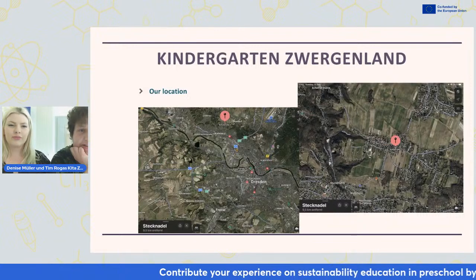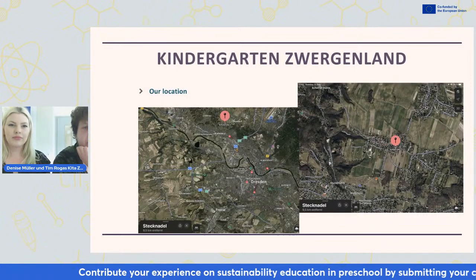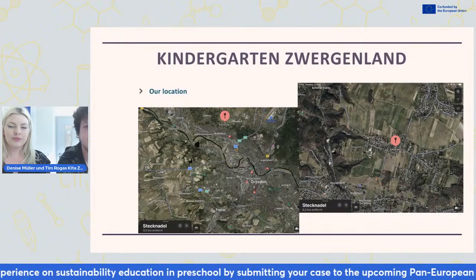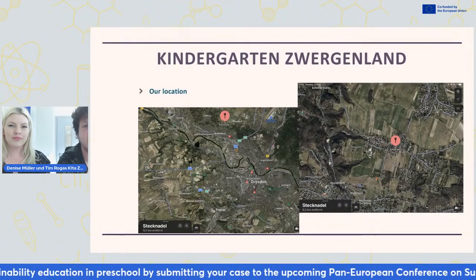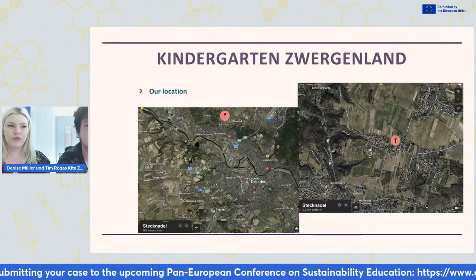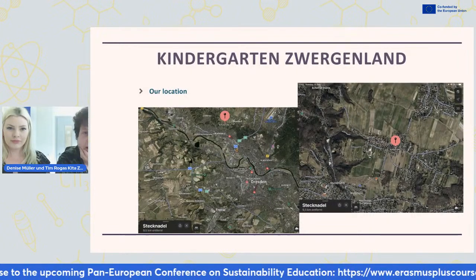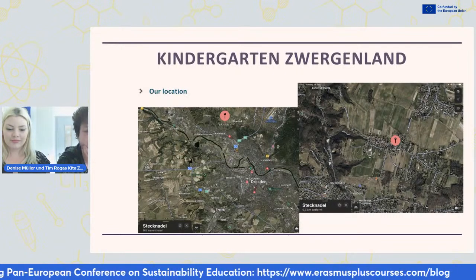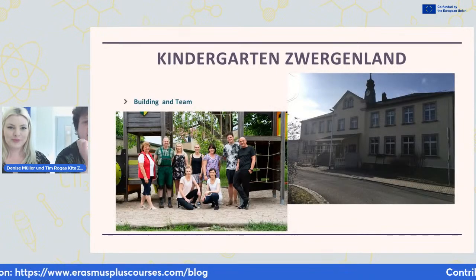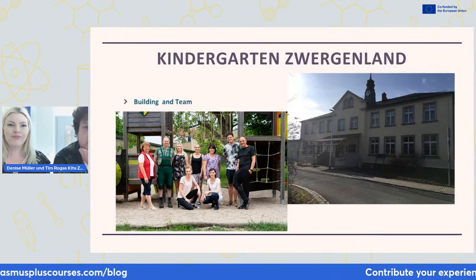Here you can see our location. We are in the north of Dresden. It's a big city in Saxony, and we have lots of forest and fields and good farmers nearby, and we can cooperate with them. Here you can see our team. We are a small kindergarten without so many kids.